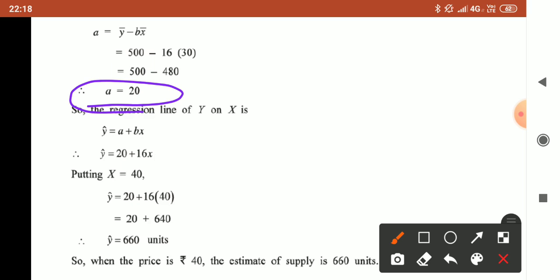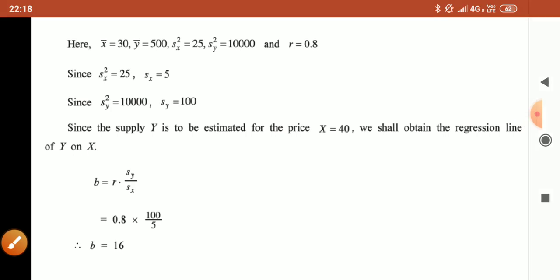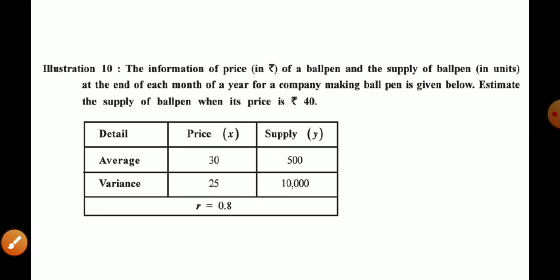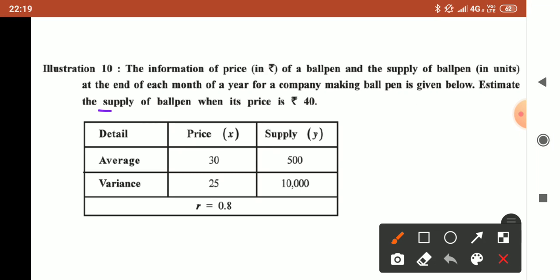Now my last step will be to find the regression line. I put the formula of the regression line, y cap equals a plus bx, and insert the values of a and b that I have found. After that, in the sum, estimate the supply of ball pens when the price is 40.